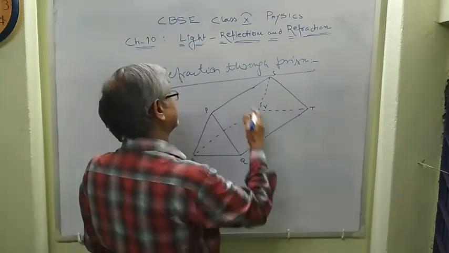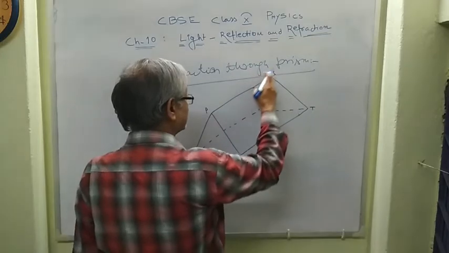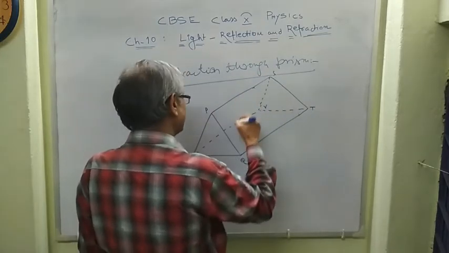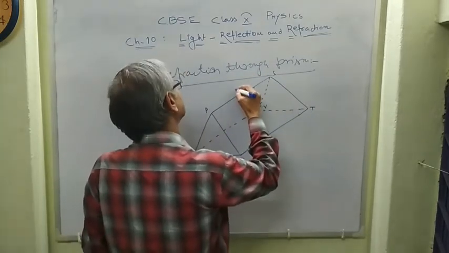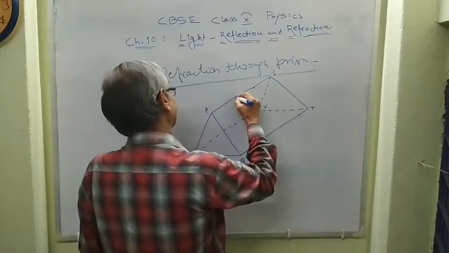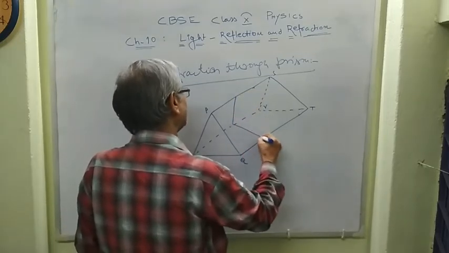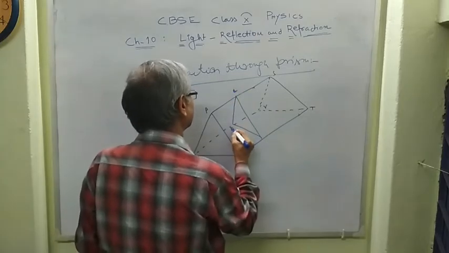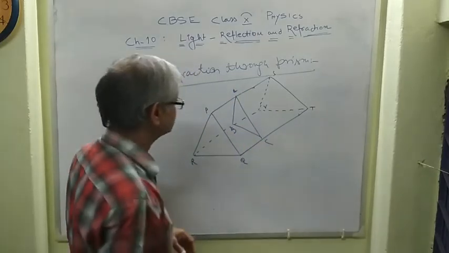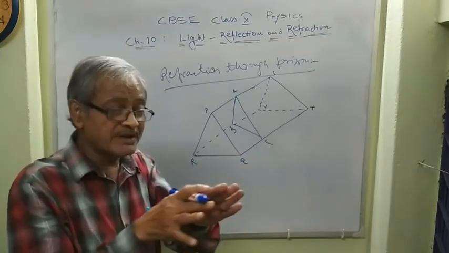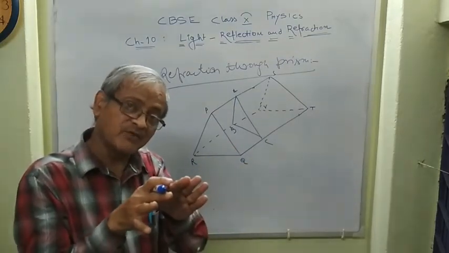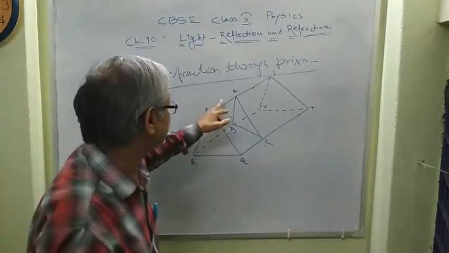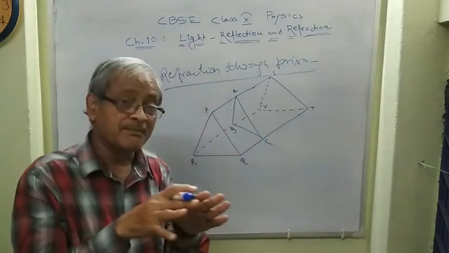If we cut the edge perpendicularly, then we have this A, B, C. Right? These two rectangular planes meet at the edge and make an angle.